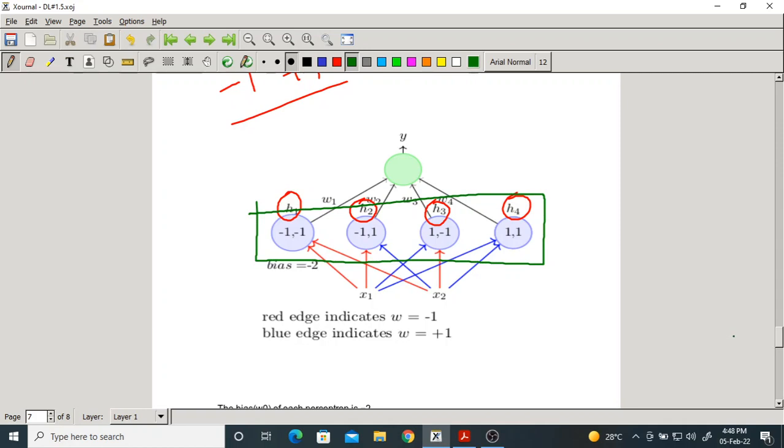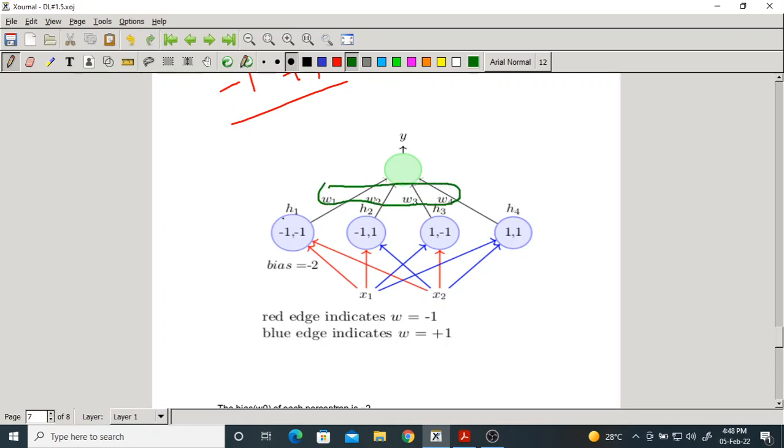How many are there? 4 perceptrons and 4 outputs, H1, H2, H3, H4. But what are W1, W2, W3, W4? They are weights of those 4 perceptrons. These are weights, and those are outputs.